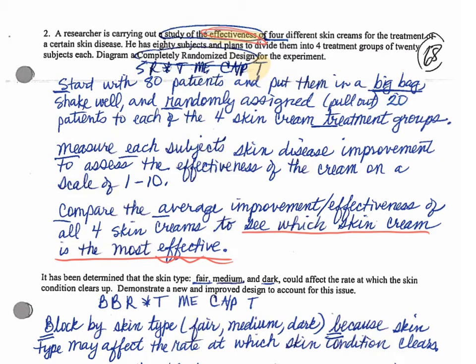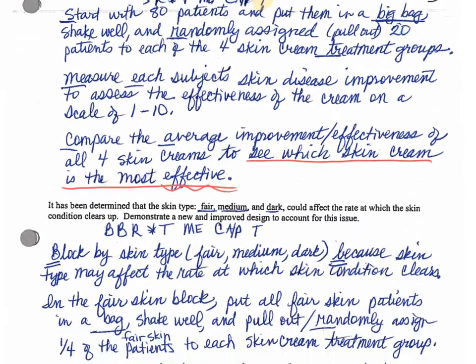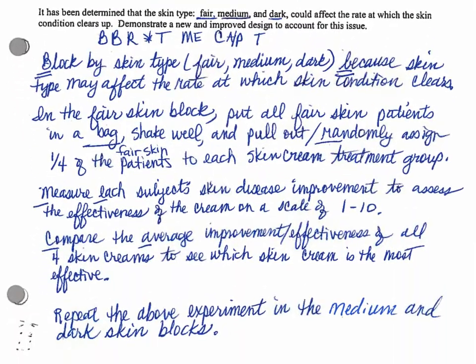I see you have fair, medium, or dark skin. And I see you have a trait there that may affect the way subjects respond. So what do you do? Make homogeneous groups. So here's our BRAP-ME cap.